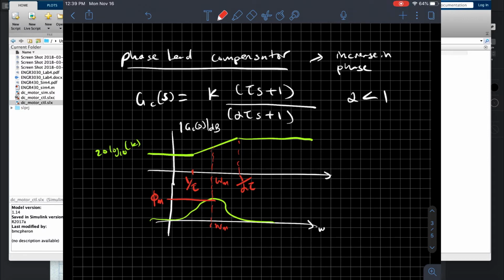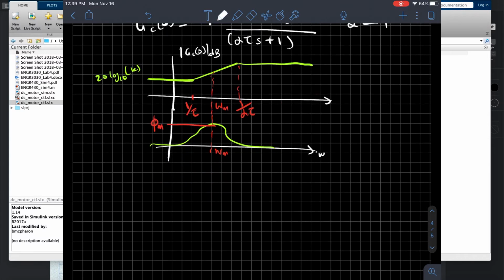So this might help with my issue. My midpoint frequency omega_m is 1 over tau square root of alpha. Alpha is (1 minus the sine of phi_m) over (1 plus the sine of phi_m). If phi is in degrees, then I need to make sure this is also in degrees.